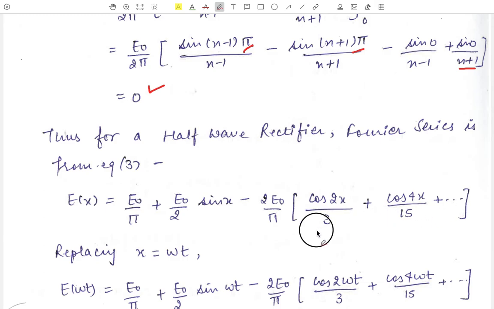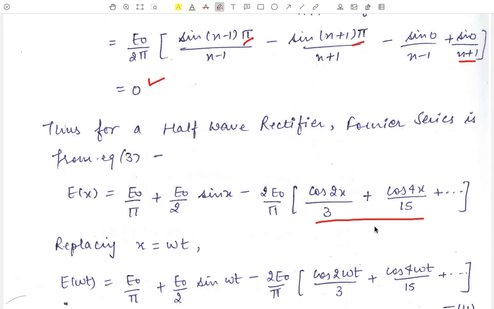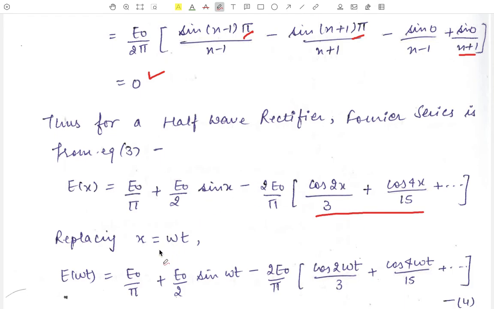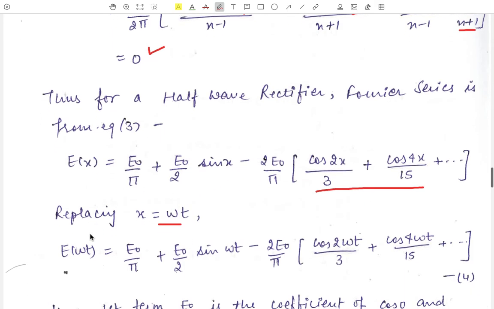This bracket is obtained from the values of an, that gives 0 for the odd values of n and non-zero value for the even values of n. Put x equal to omega t again in this equation, and we get e of omega t is equal to E naught upon pi plus E naught upon 2 sin omega t minus 2 E naught upon pi times cos 2 omega t upon 3 plus cos 4 omega t upon 15 and so on. This is the Fourier series for the half wave rectifier.